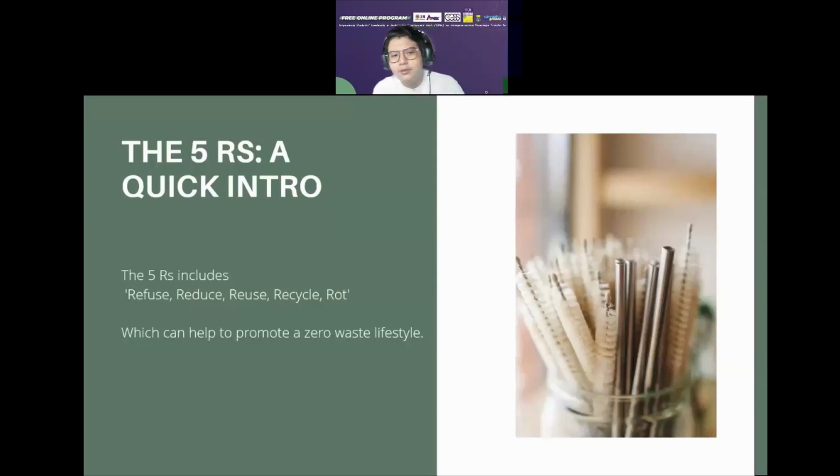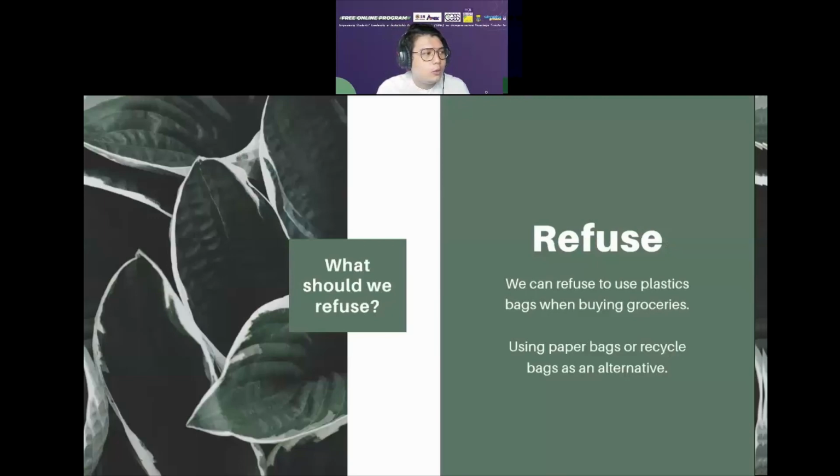Let's get into it. So what is refuse? What do we refuse? How do we refuse? We can refuse to use plastic bags when buying groceries. When we go to the grocery store, we always see our moms, our aunts, our grandmas taking plastic in large amounts just to pack fruits or vegetables.